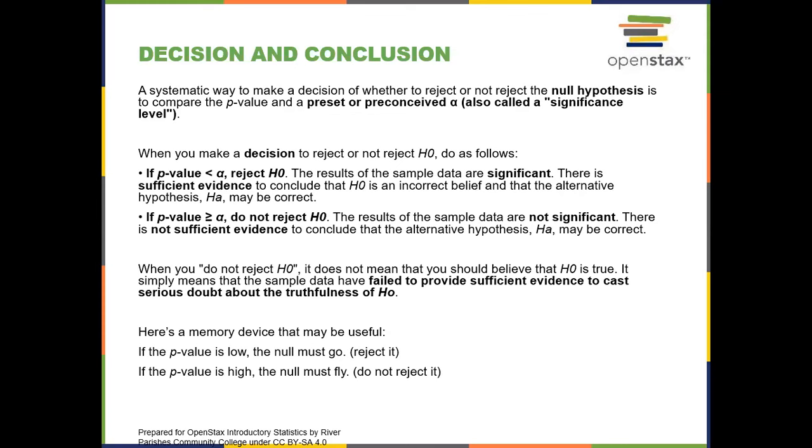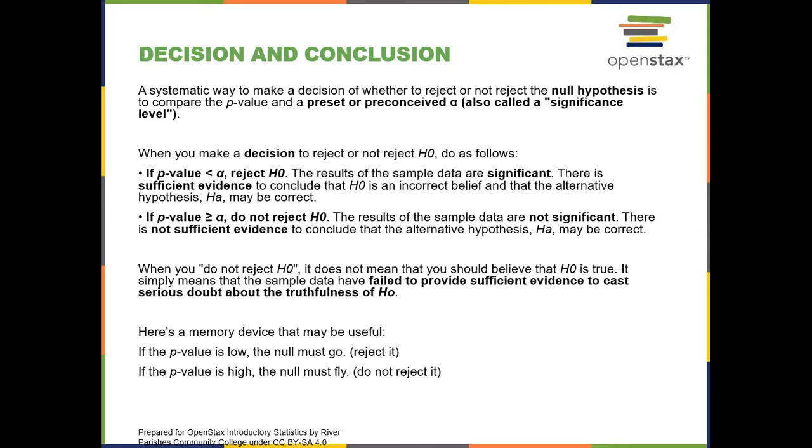A systematic way to decide whether to reject or not reject the null hypothesis is to compare the p-value and the preset or preconceived alpha. Remember, alpha is the probability of making a type 1 error, and alpha is called the significance level. Usually, alpha is given in the problem statement.